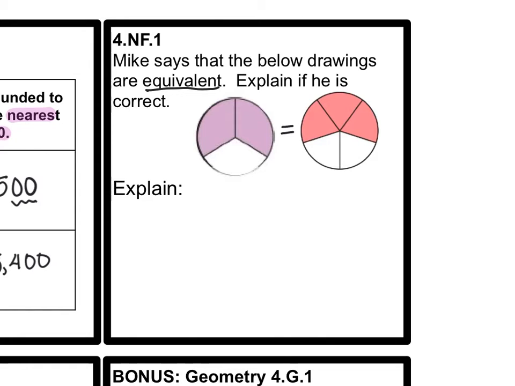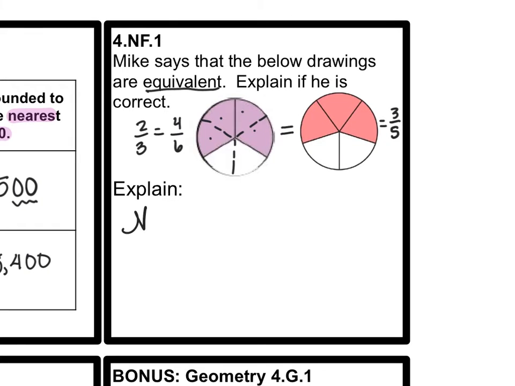If I were to cut this up into a little bit more of a place value so I could see it, this 2/3 then becomes 4/6. This one is 3/5. I don't think there's anything that I can multiply 3 by to get 5. I could make like denominators, but they still would not be equivalent. So these 2 are not equivalent.